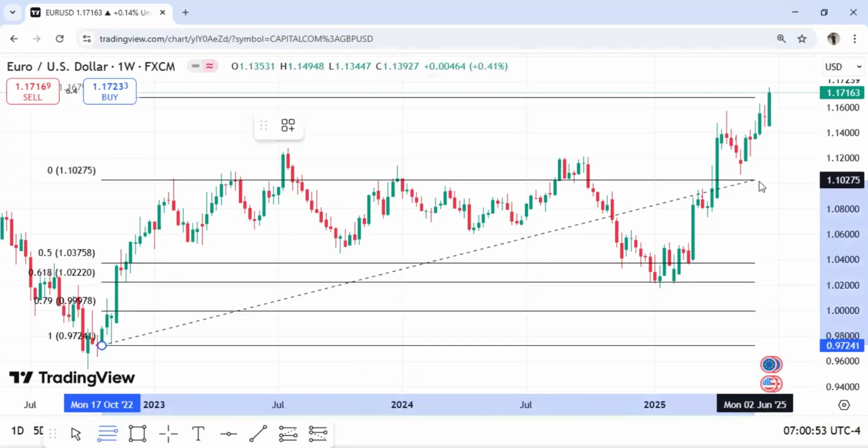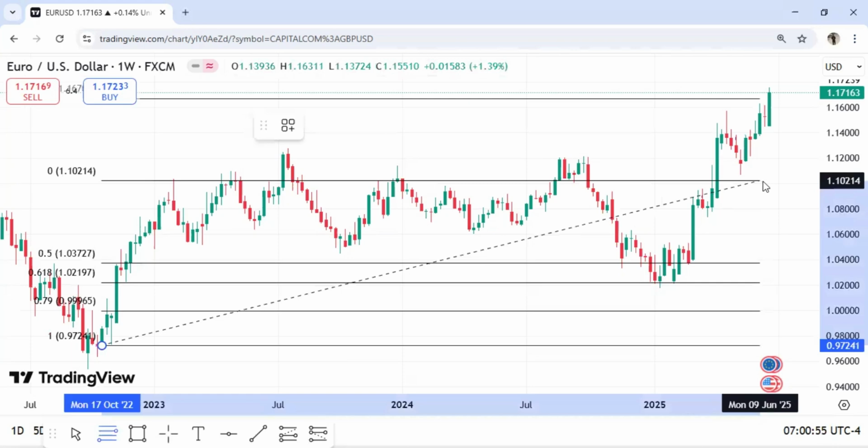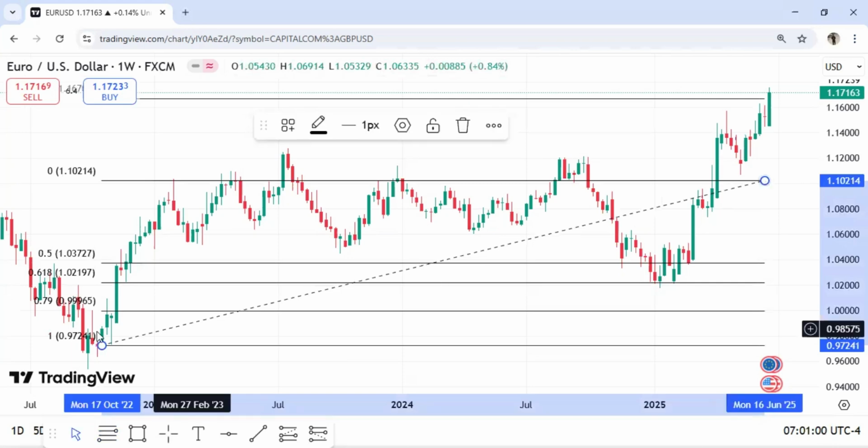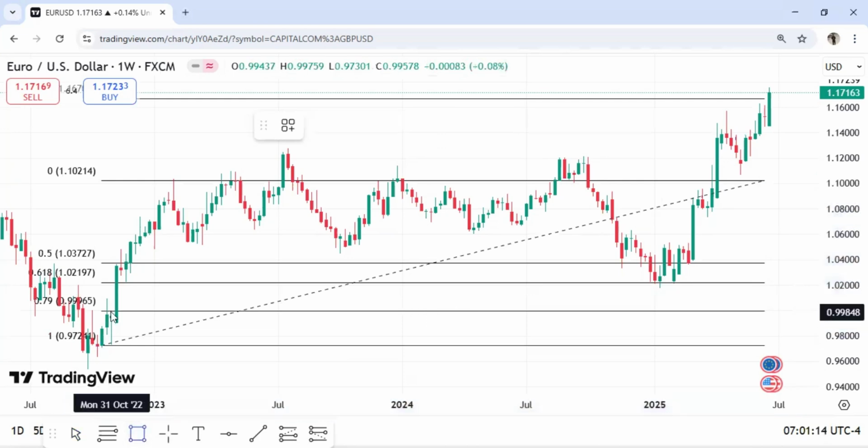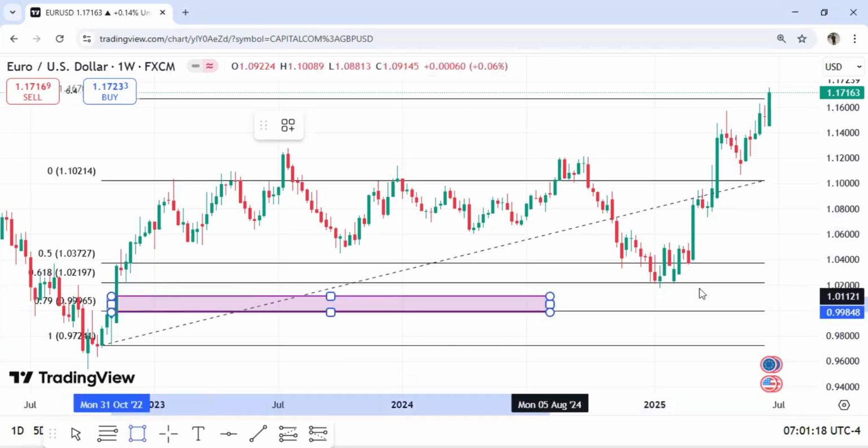So after I did that, what did I see? Like I showed you, if you understand the ICT trading concept, you look at this breaking structure, you can see the fair value gap, and right inside of the fair value gap, the fixed 1% level is right there.